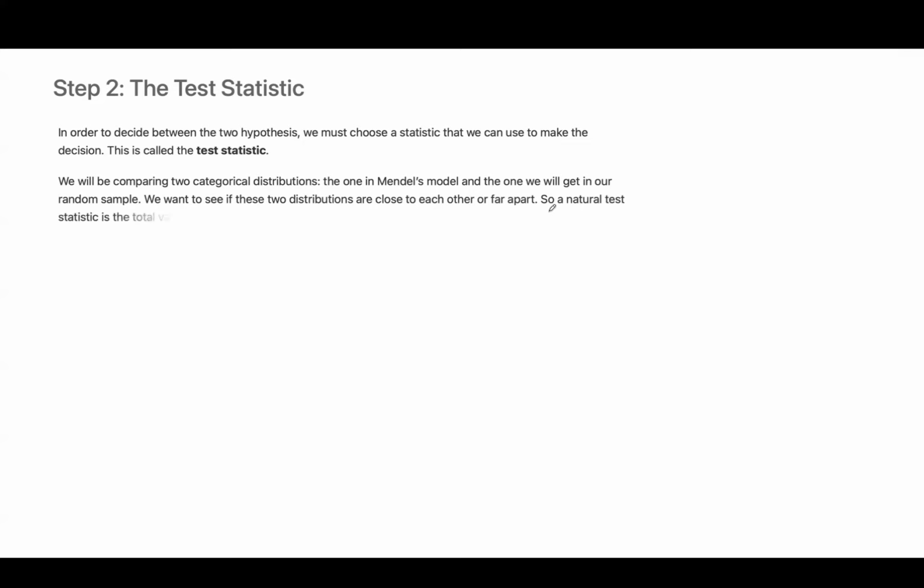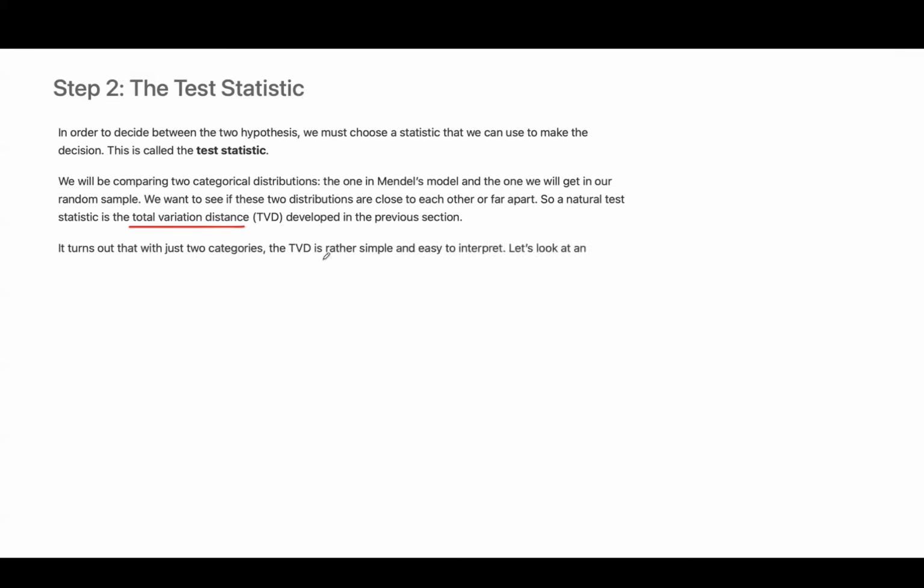So a natural test statistic is the total variation distance, or TVD, developed in the previous section. It turns out that with just two categories, the TVD is rather simple and easy to interpret. For example, let's take a look at Mendel's model that says that the purple-white distribution is 75% and 25%.